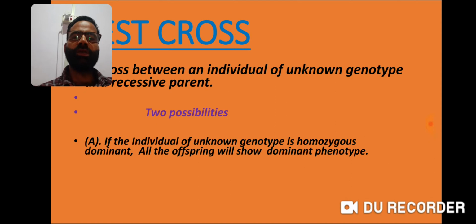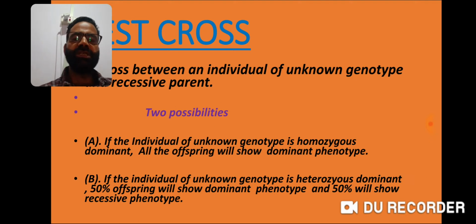If this individual is homozygous dominant, then all the offspring formed will show the dominant phenotype, while if this individual is heterozygous dominant, then 50% of the offspring will show the dominant phenotype, while 50% will show the recessive phenotype. Now let's try to explain this test cross with the help of an example.